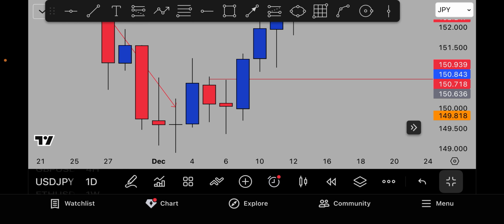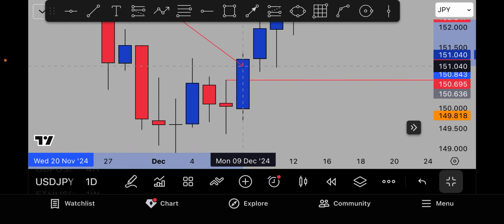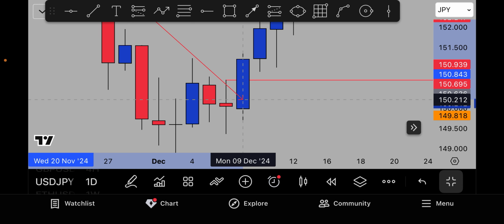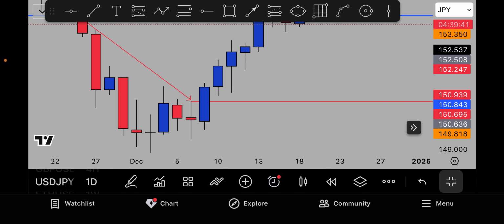Notice how as soon as we started closing above this candle's high, because remember, on bullish candles, the open is at the bottom, the close is at the top. Bearish candles, the open is at the top, the close is at the bottom. Once we got that close right above this candle, what happens next?